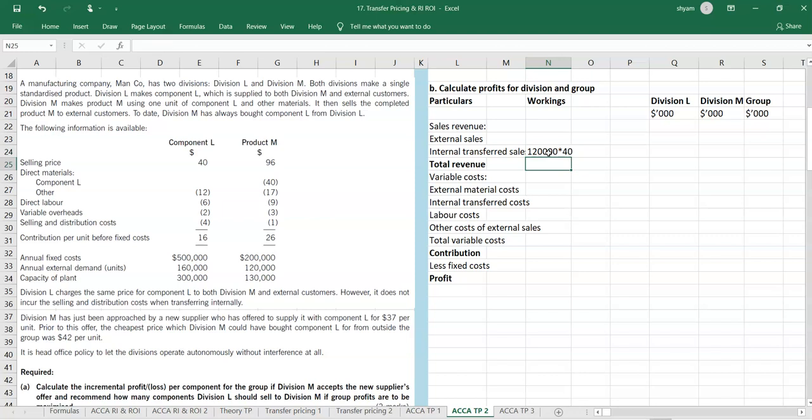Okay. Additionally, he also sells it to outside companies. So externally he sells 1,60,000 units. Okay. And these are the workings.